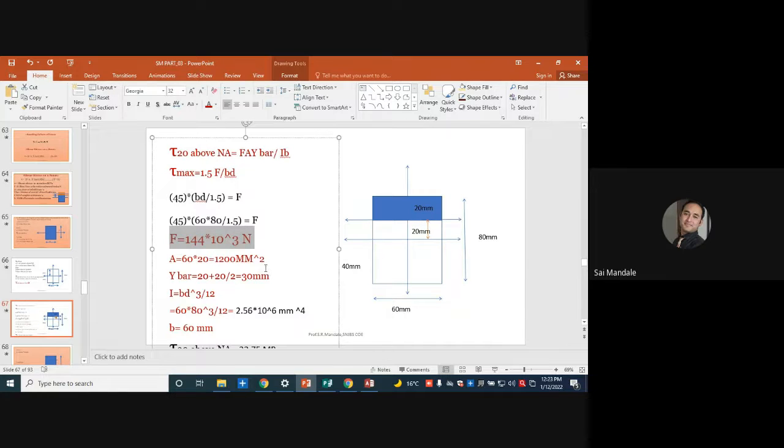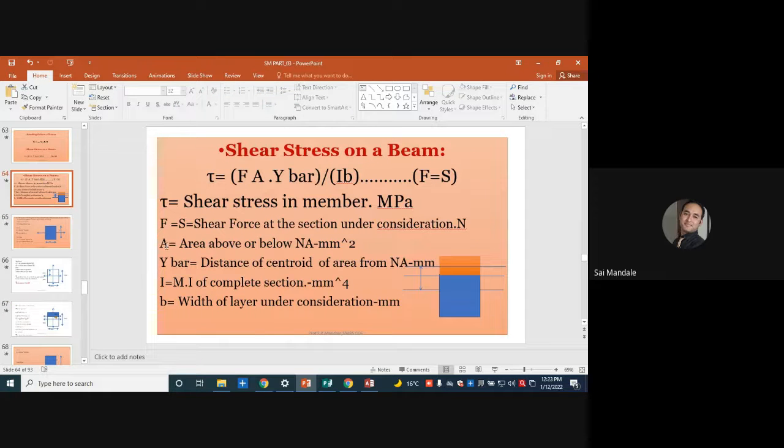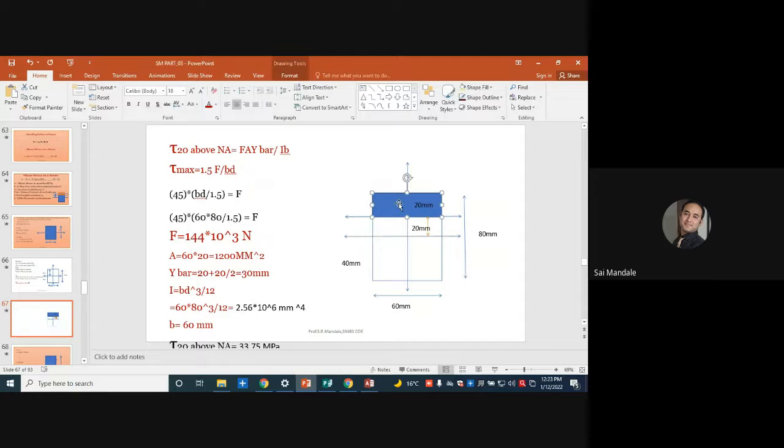Now second, how much area? I have to focus on the area it is subjected to above the layer. This is 80. And what have we mentioned A to be? Area above or below NA.